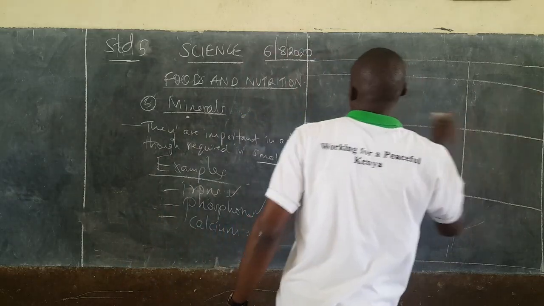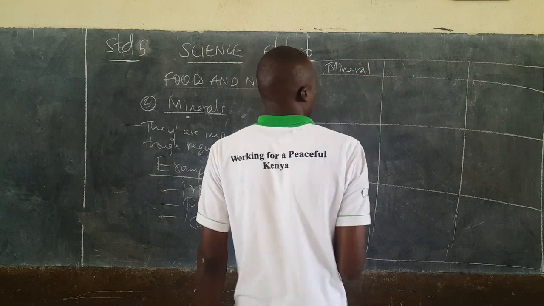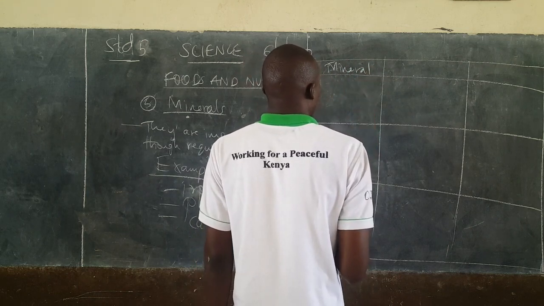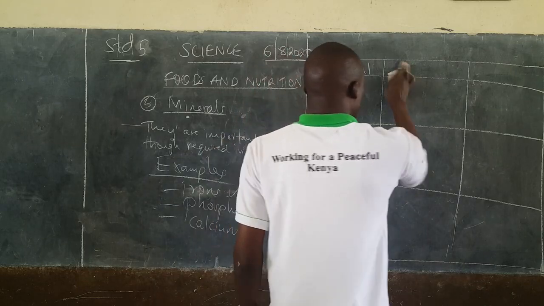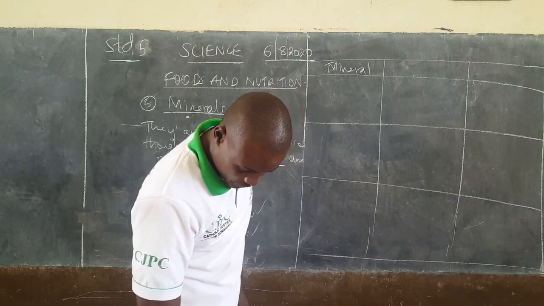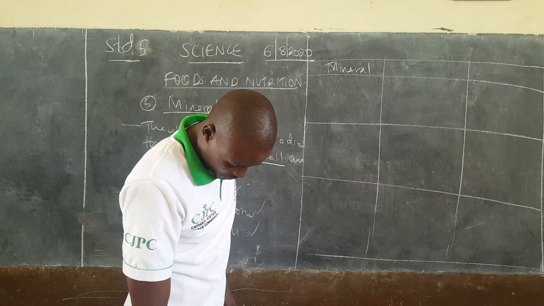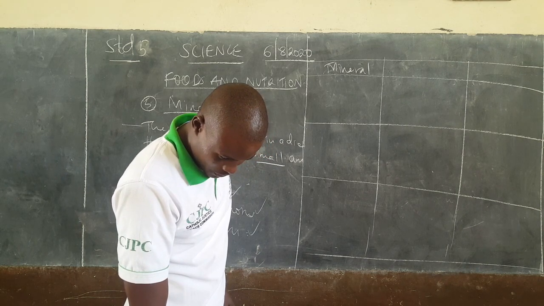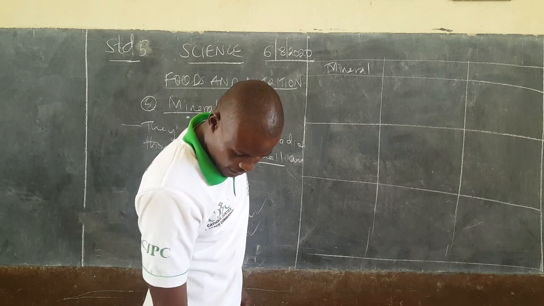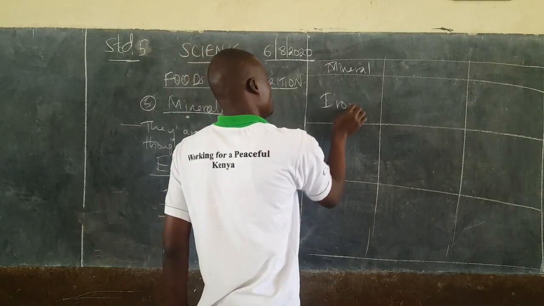So here we're going to have the mineral column. In the first line, we are going to have the mineral, of which we are going to have iron here, number 1.